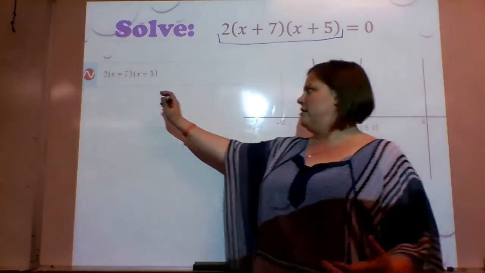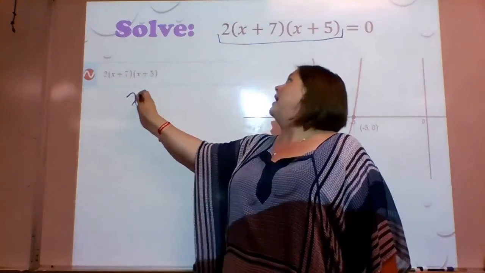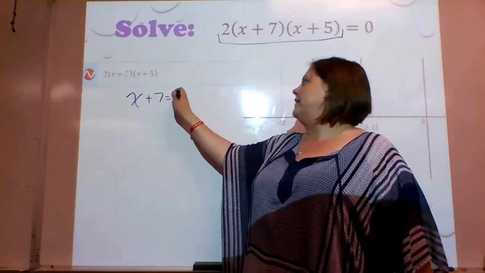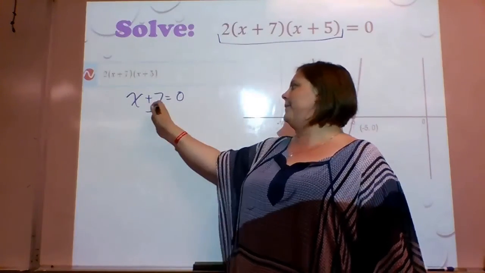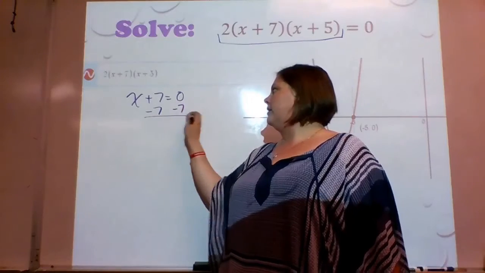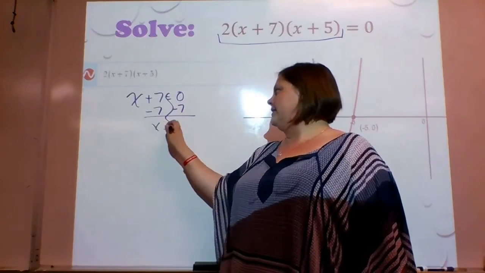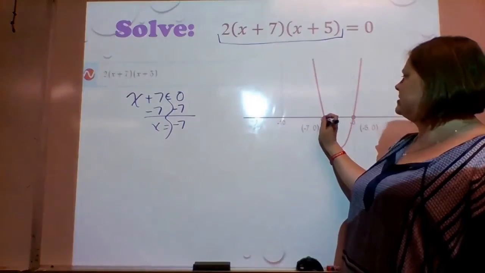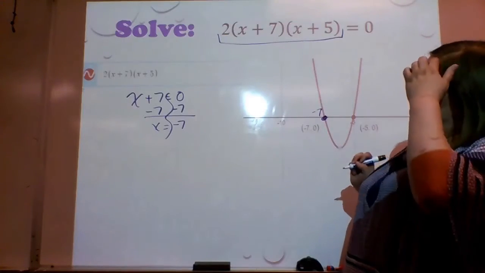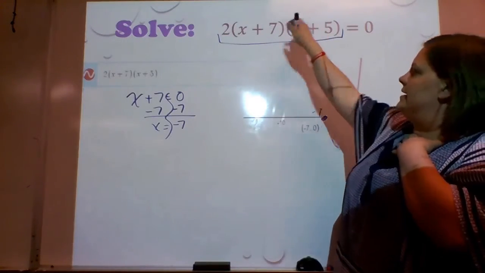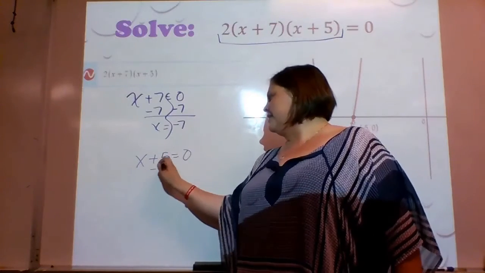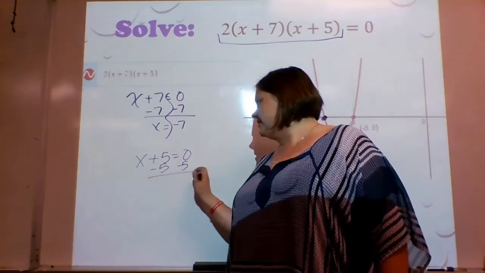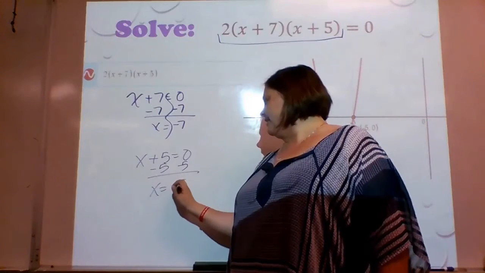So that means we're going to use some math, and we're going to make sure that I graphed it right. I'm going to set this equal to 0. I have x equals -7. Hey, that's what this is, -7. This one I'm going to set equal to 0 as well, and subtract 5 from both sides. x equals -5.